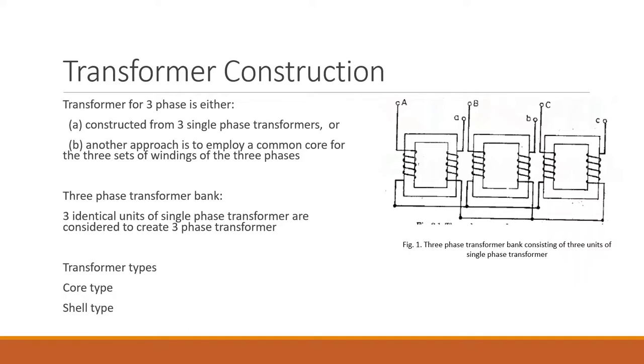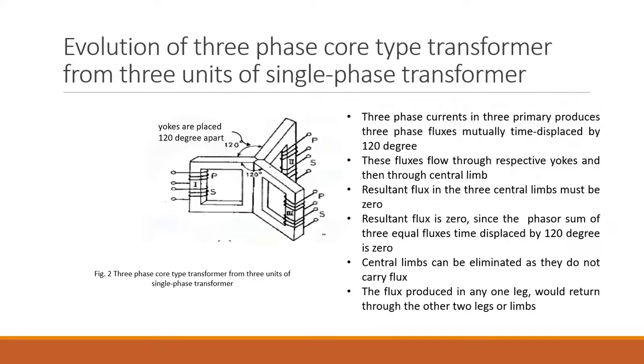So whenever this term comes across you, you could think, okay, there are three single phase transformers used for getting a three phase transformer. From construction point of view, the three-phase transformer again can be classified as core type transformer and shell type transformer.